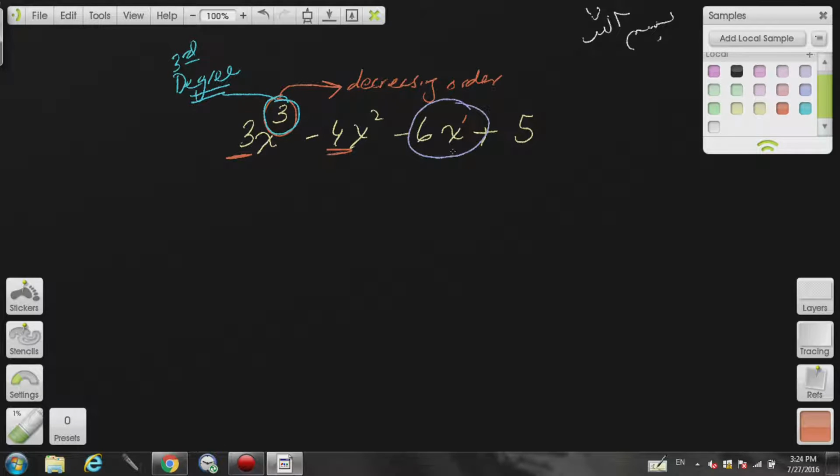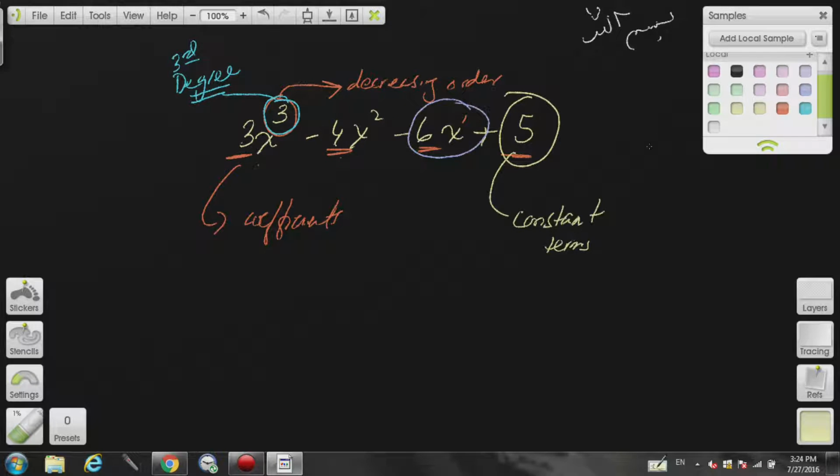These are coefficients. The last term, this one that's all by itself, that's called the constant term. Okay? So each one of these is called a term. That's a term. That's a term. That's a term. That's a term. So this has 4 terms.